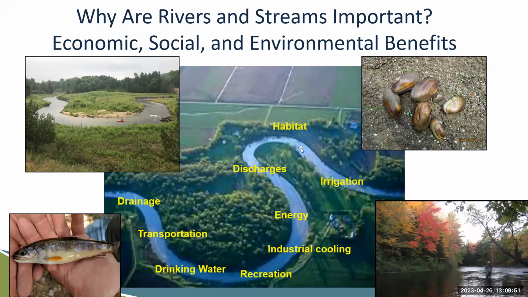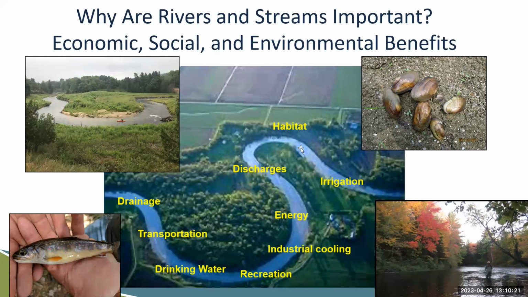So why are rivers and streams important, and why is it important to know how to identify streams? In order to protect the economic, social, and environmental benefits that rivers and streams provide to the people of Michigan, such as recreational opportunities, drinking water, stream habitat, irrigation, industrial cooling, energy, we need to be able to define and identify those resources.